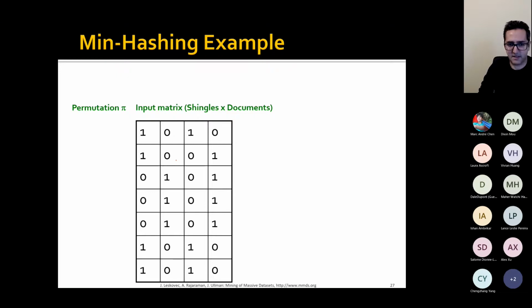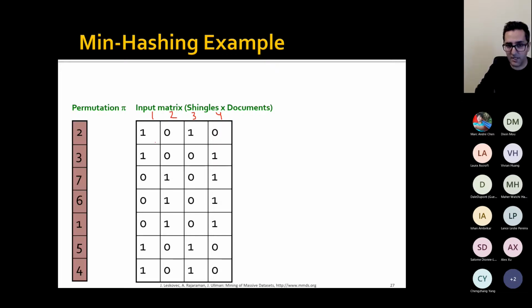So this is the matrix that we had from before. We have different documents again: document 1, document 2, document 3, document 4. And each bit tells me if that shingle appears in that document or not. Now, this is how Minhashing works. Again, the idea is to compress the data.